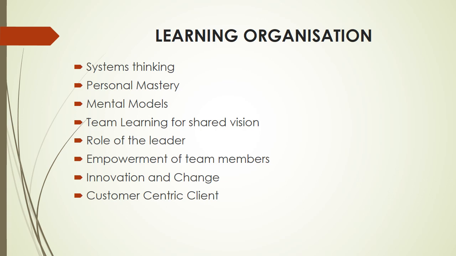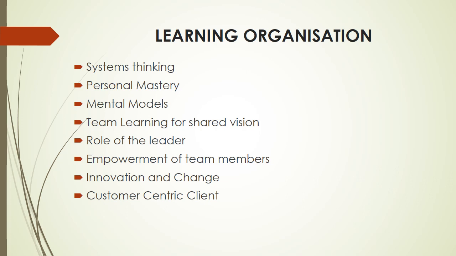A learning organization is a company that facilitates the learning of its members and continuously transforms itself. So basically, an organization that is adaptable to learn, accept change, and transform itself is called a learning organization.